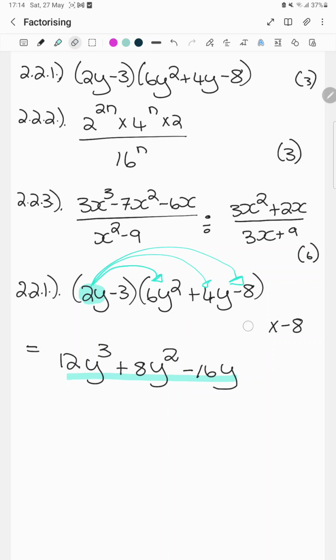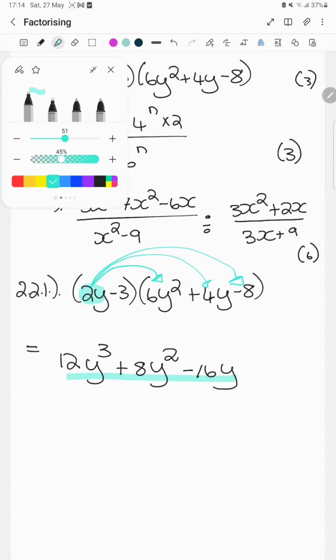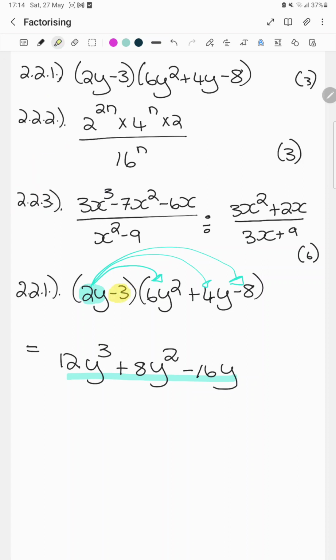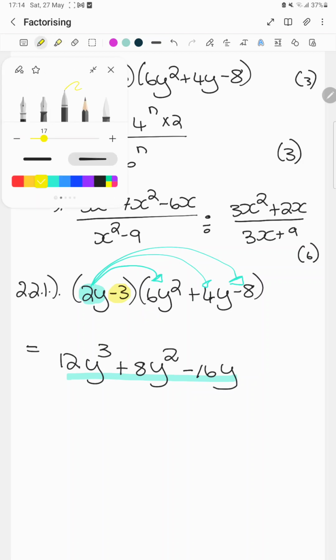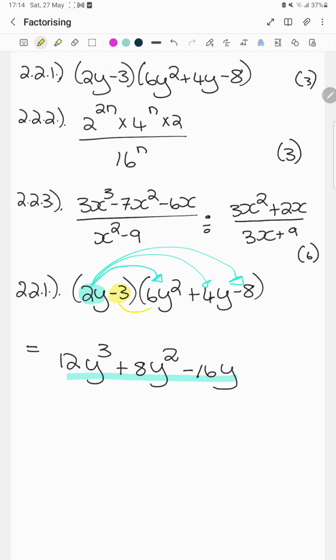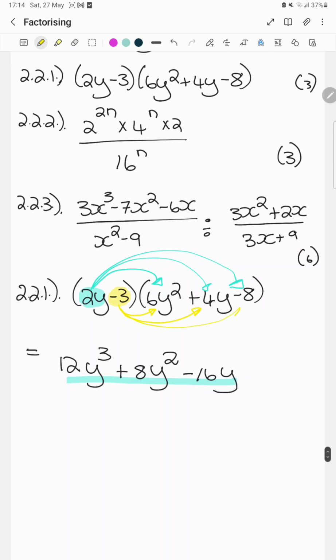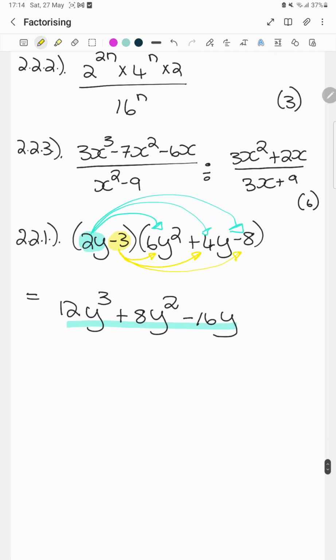Now we're moving on. Let me just erase this so that there's space. Let's move on to our second part. Now we take our second term, which is negative 3, and we multiply that with each term in the second bracket. So I'm going to take negative 3 times 6y squared, times 4y, and times negative 8. So let's get started.